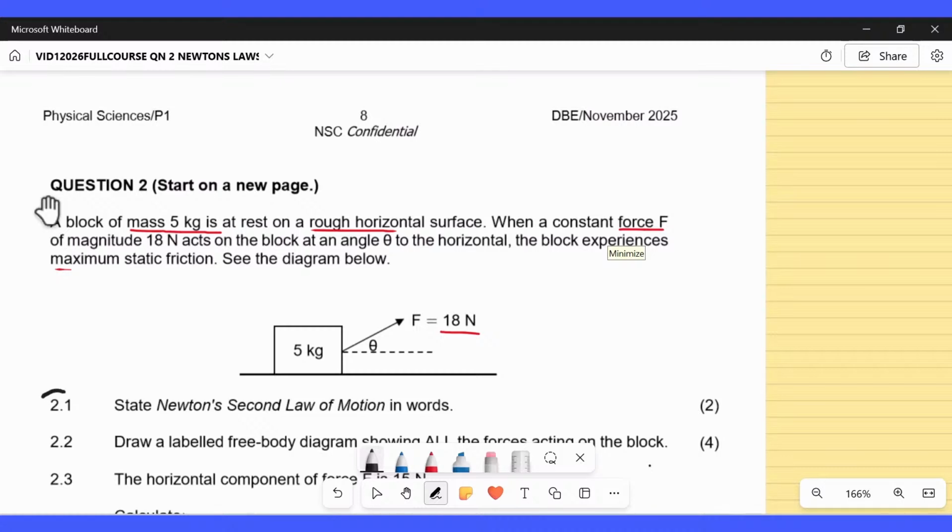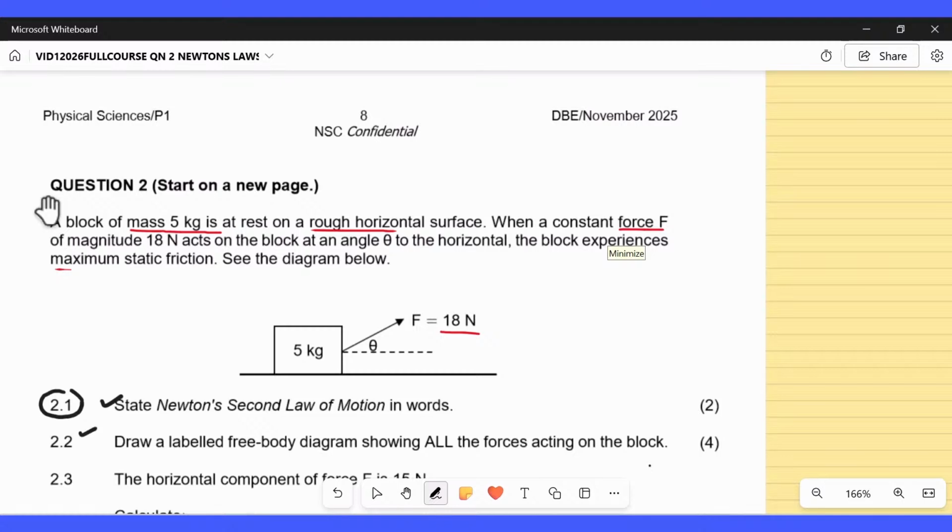We have said that when a net force acts on a body, the body will accelerate in the direction of the net force, with the acceleration directly proportional to the net force and inversely proportional to the mass of the body. That one is done. Next question, they say, draw a labeled free body diagram showing all the forces acting on the block.